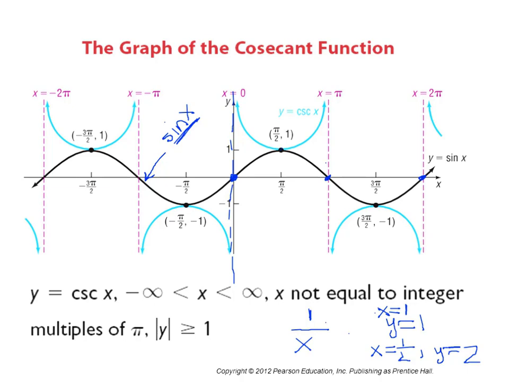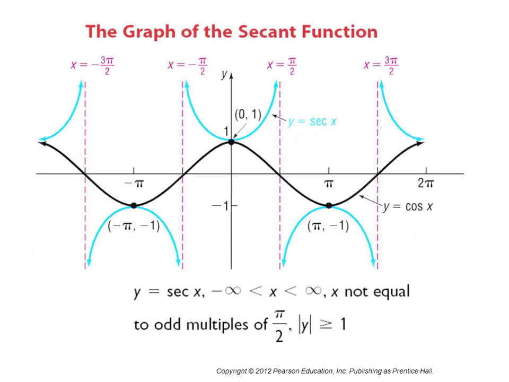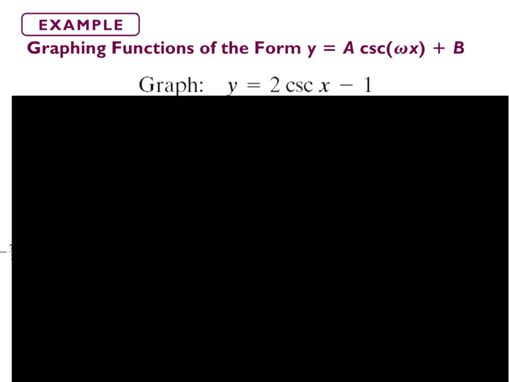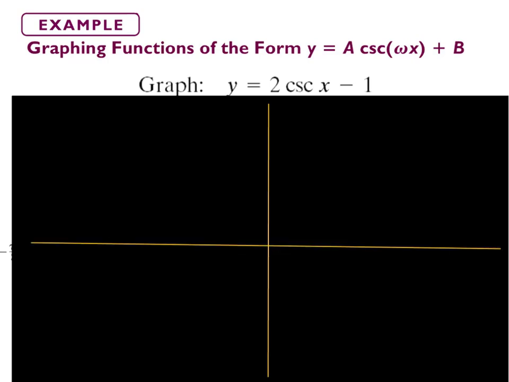So if you understand that, then let me just get to another screen and we'll start graphing it. Okay, so what's the first thing we're always going to do whenever we graph a function such as this? What do I mean by a function such as this?